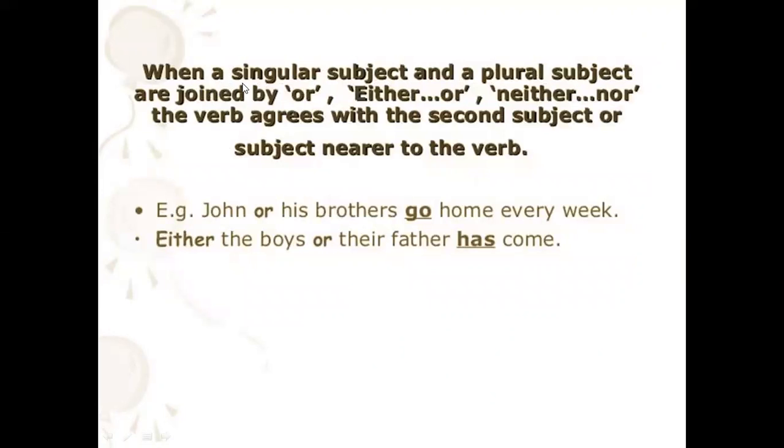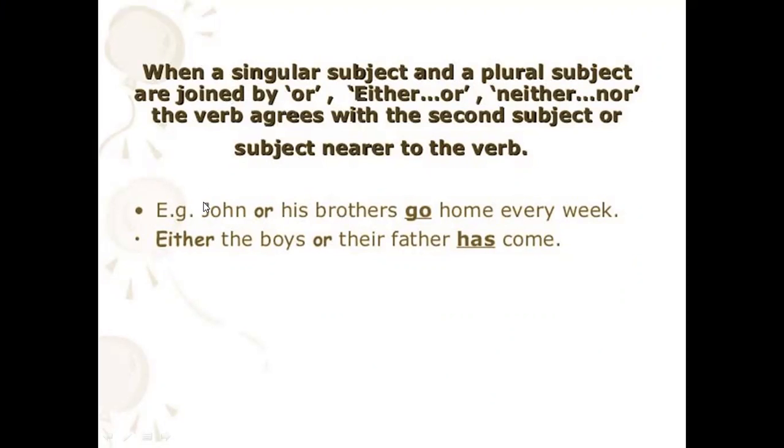Next one is when a singular subject and a plural subject are joined by or, neither nor, the verb agrees with the second subject or the subject nearer to the verb. So listen, when a singular subject and a plural subject are joined by or, neither nor, the verb agrees with the second subject nearer to the verb.